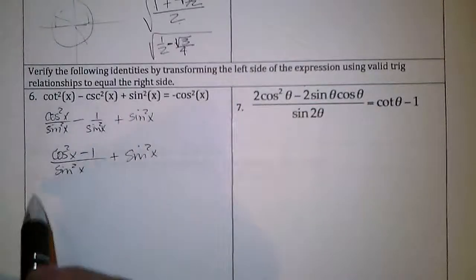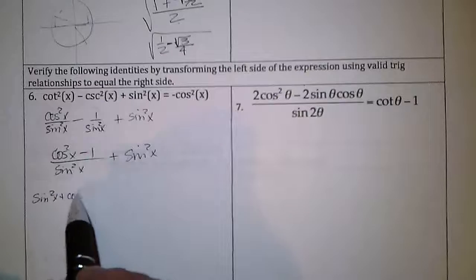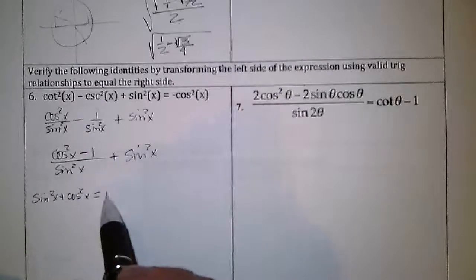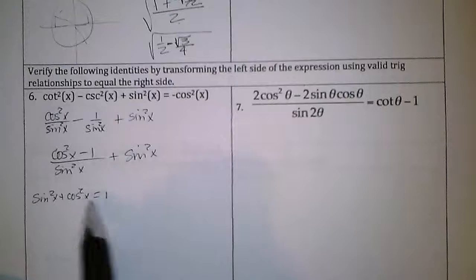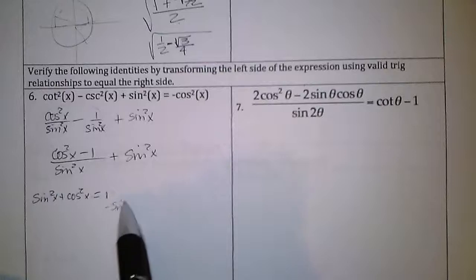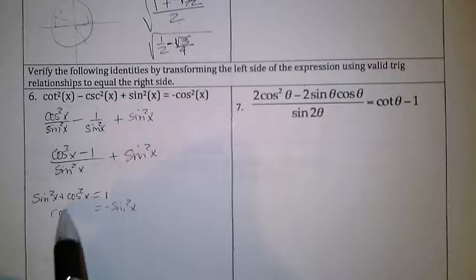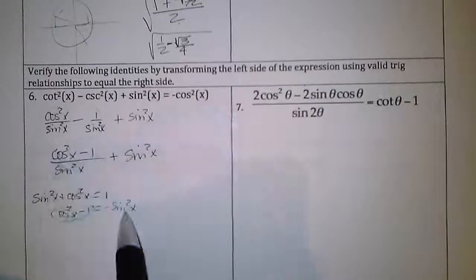But if we remember that sine squared x plus cosine squared x equals 1, then if we subtract 1 and subtract sine squared, we get negative sine squared x equals cosine squared x minus 1. So this is equal to negative sine squared.